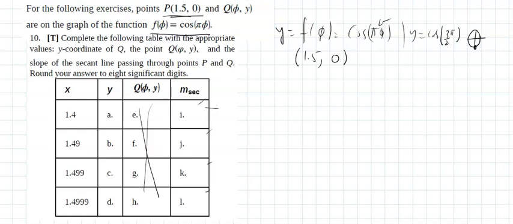So notice what I'm going to do here. I'm going to take 1.5, and do you notice here they went below? Again, you could go above or below. They're coming from 1.4, and they're going to figure out what that y value is. That's going to be the cosine of pi times 1.4. And then they're going to go 1.49.